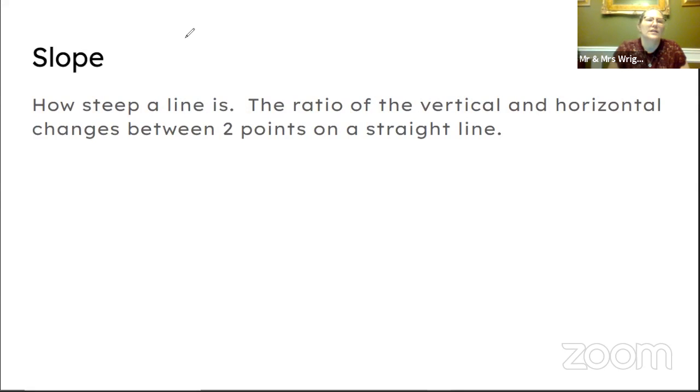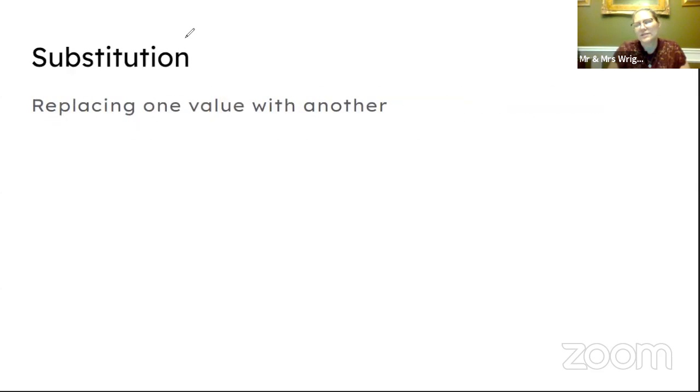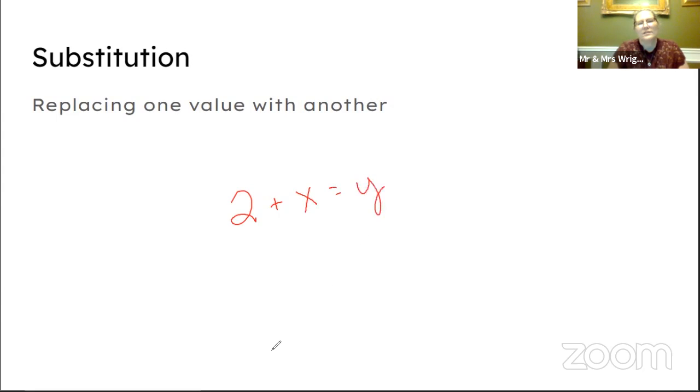So our next, and most of these vocabulary terms are review for you because I know we went over them even in the last unit. Because we're using linear functions, we have a lot of the same vocabulary. All right, so substitution, that's when we're replacing one value for another. When you have something like 2 plus x equals y, you can say solve this equation when x equals 1.